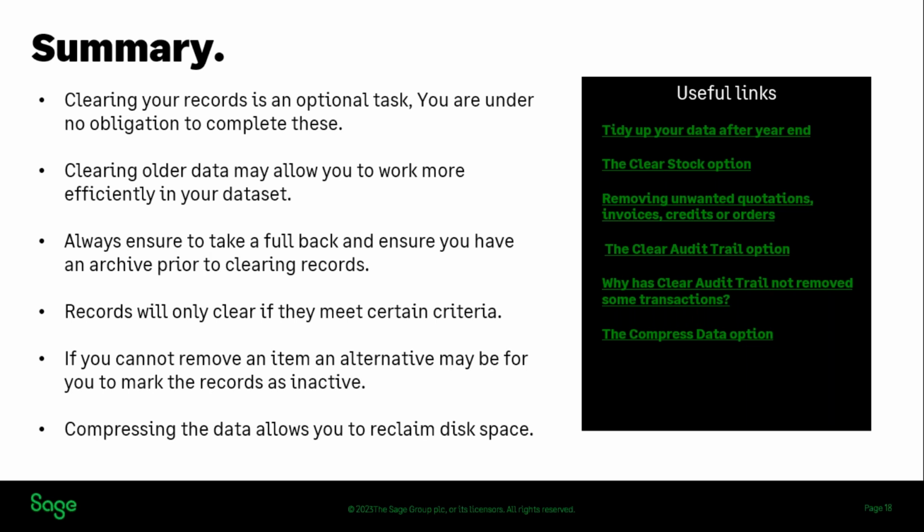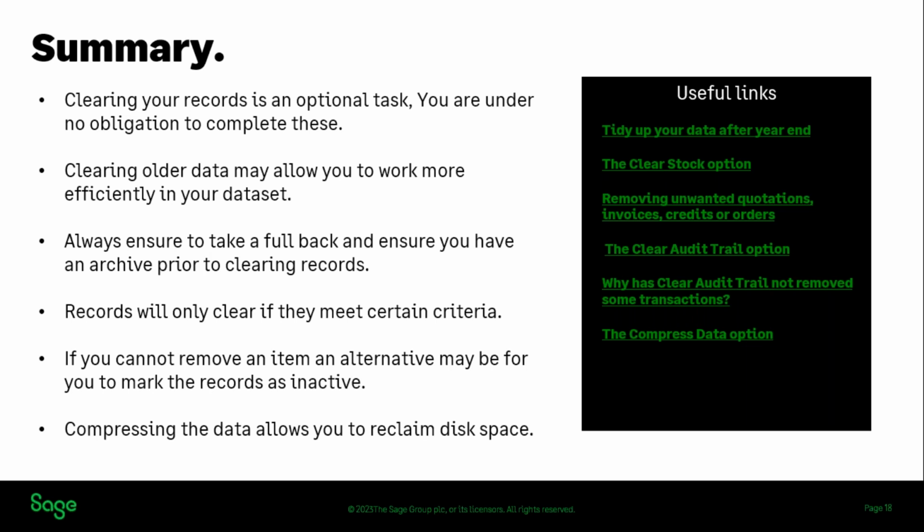Clearing all of the data out could make it a little bit more efficient for you, particularly if you're using things like filters and searches. Regardless of what module you're removing data from, we always recommend to take an archive and also an error-free backup of your data.